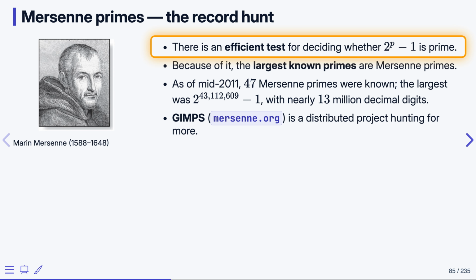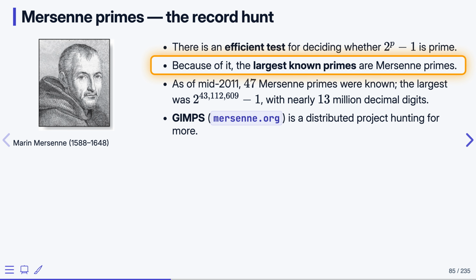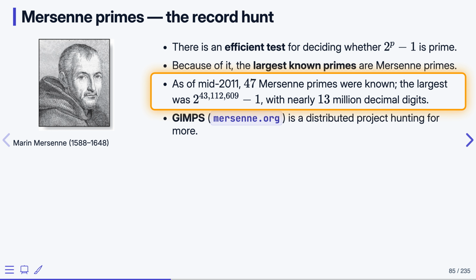Why do we care about numbers of this shape? Because there is a fast test that decides whether 2 to the p minus 1 is prime. No such fast test exists for numbers in general, so the record holders are almost always Mersenne primes. Back in 2011, 47 Mersenne primes were known.